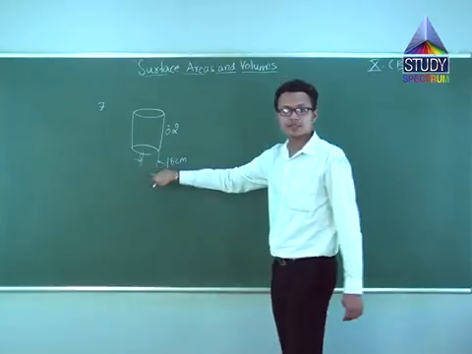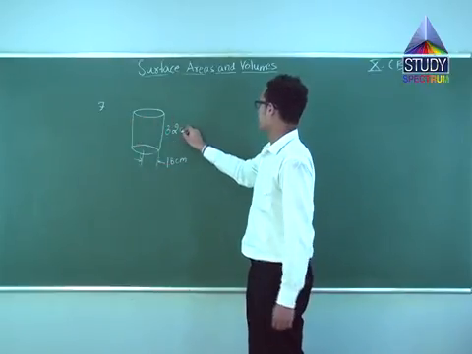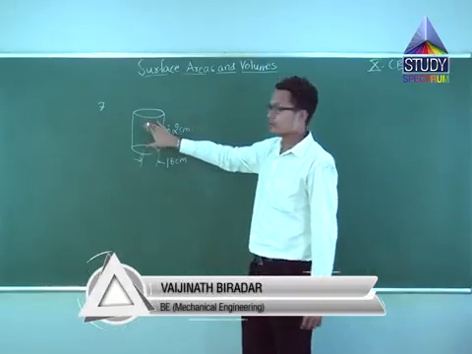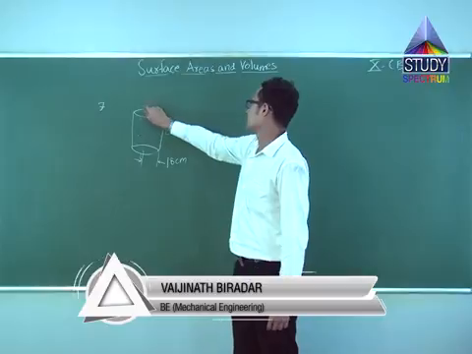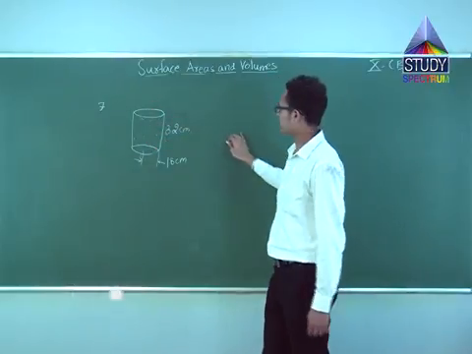The radius is given as 18 centimeters and the height of the cylinder is given as 32 centimeters. Now there is sand in it, and it is poured out on the ground.